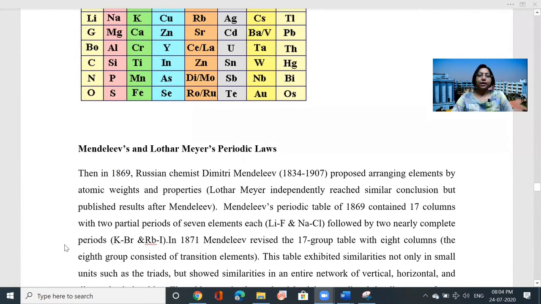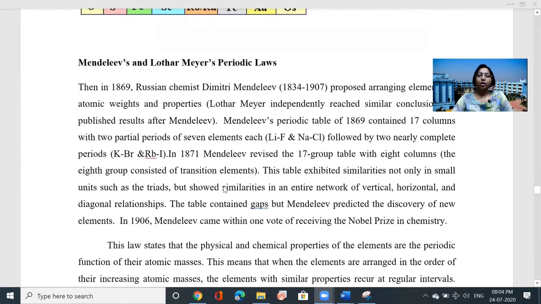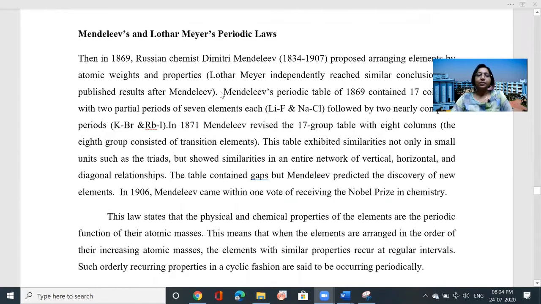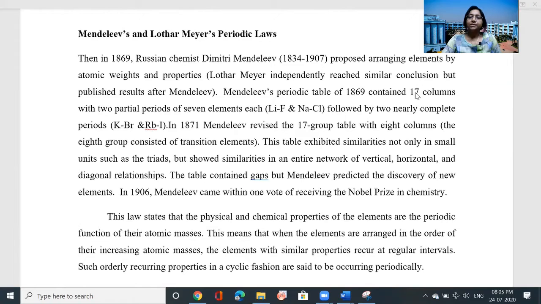Next is Mendeleev and Lothar Meyer's periodic law. In 1869, Russian chemist Dmitry Mendeleev, 1834 to 1907, proposed arranging elements by atomic weights and properties. Lothar Meyer independently reached a similar conclusion but published the result after Mendeleev.